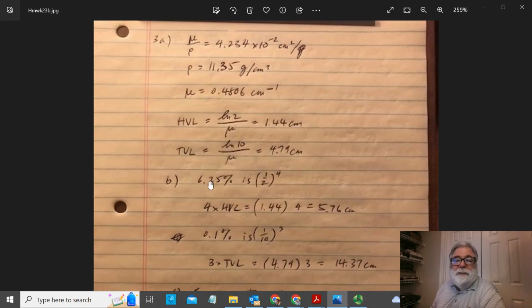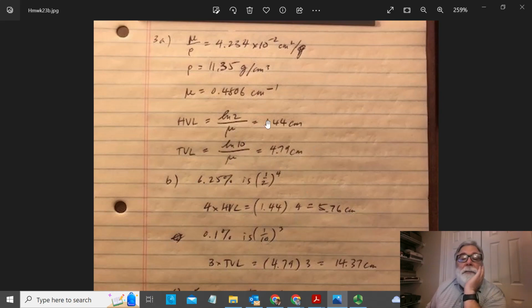I think the person who wrote this question wanted people to recognize an easy way to use round numbers: for a 16th, you just multiply 4 half-value layers. So 4 times the half-value layer of 1.44 is 5.76 centimeters of lead, which will reduce it to a 16th, 6.25%.